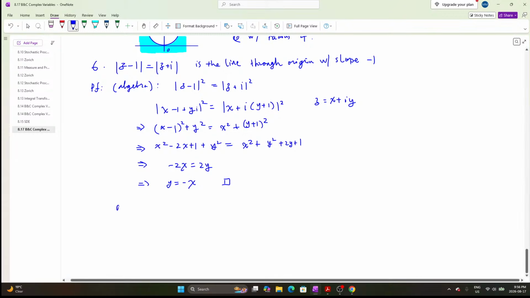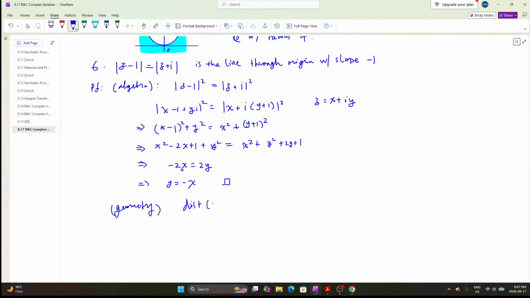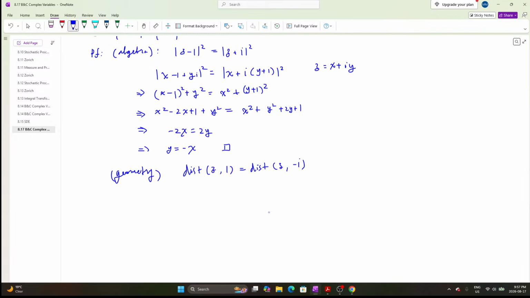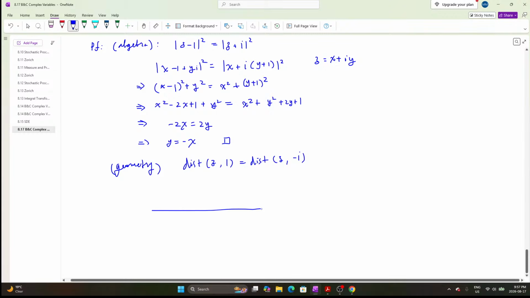Okay, so this is the geometry. So it says the distance between z and the point 1 equals the distance between z and minus i. So there's a theorem from classical Euclidean geometry that says that's a line.